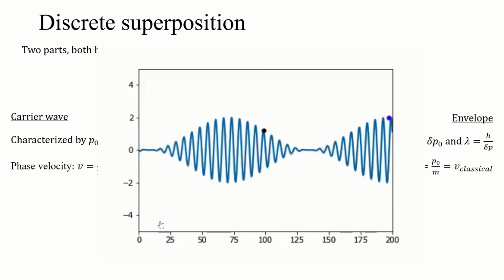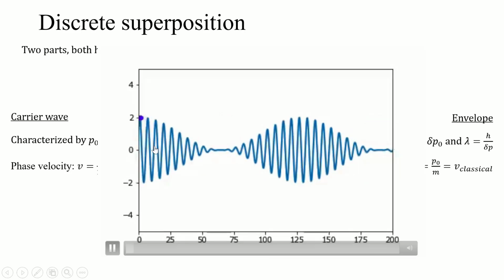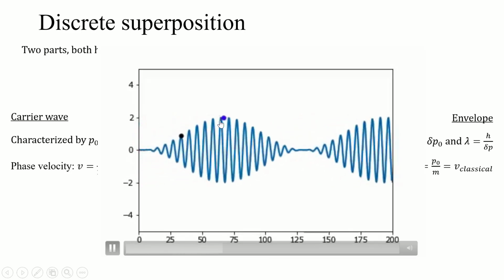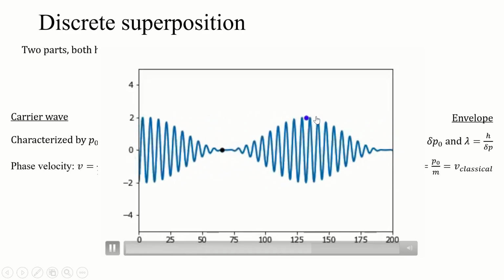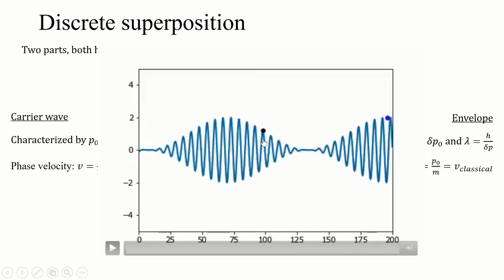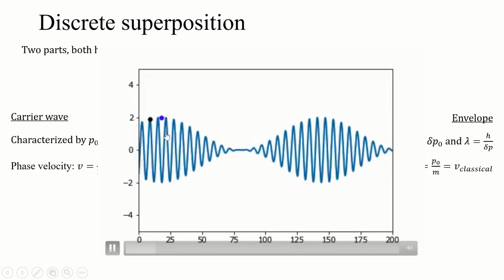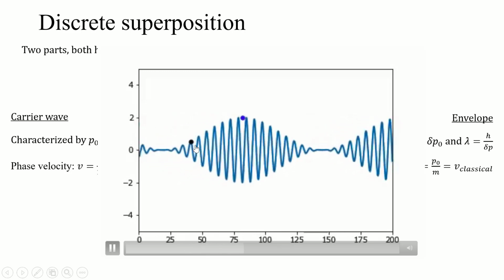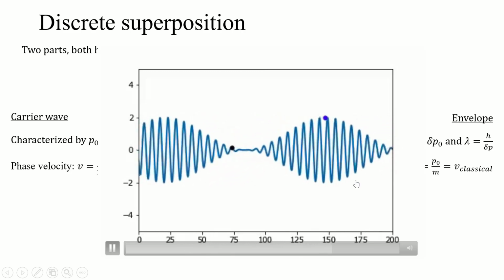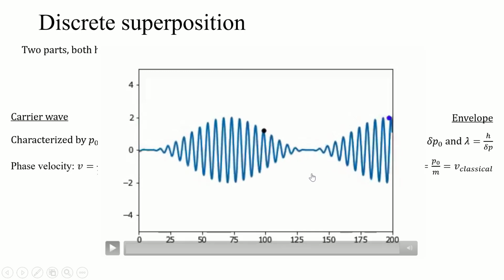So if we look at that again, we see the group velocity moving with the whole envelope and the localized packet, while the phase velocity moves at 1/2 that speed, much slower. And this is why we look at the group velocity as the appropriate one to use when describing how fast a particle is moving.